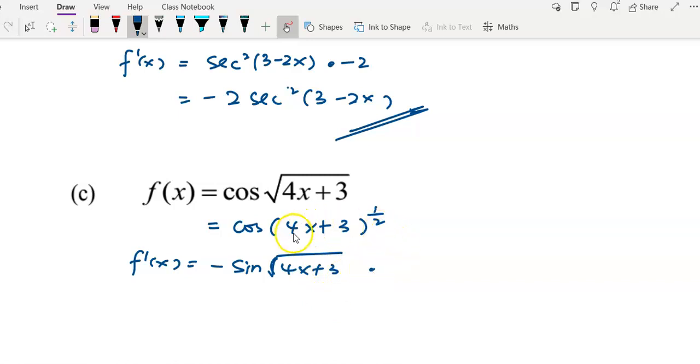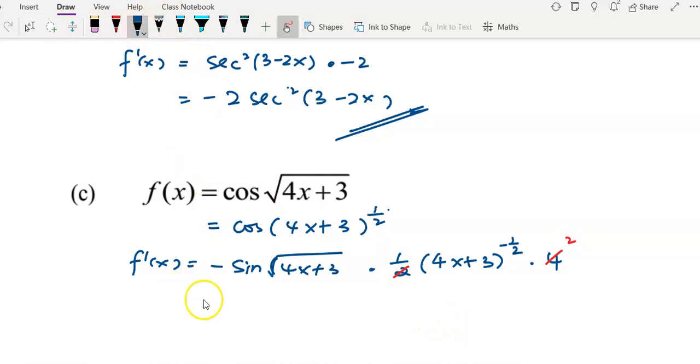And now I need to differentiate the inner function, which is (4x plus 3) to the power of 1 over 2. How do you differentiate that? You bring the 1 over 2 to the front, and then the power minus 1. Then you copy down whatever is in the bracket, then multiply by the derivative of 4x plus 3, you will have a 4. Here you can see that the 2 and the 4 can be cancelled off.